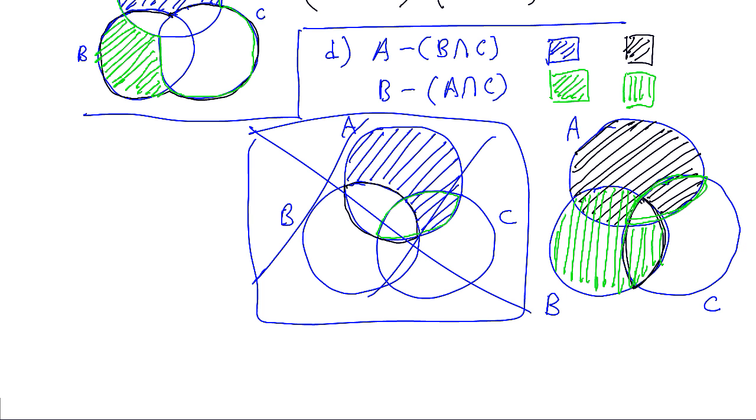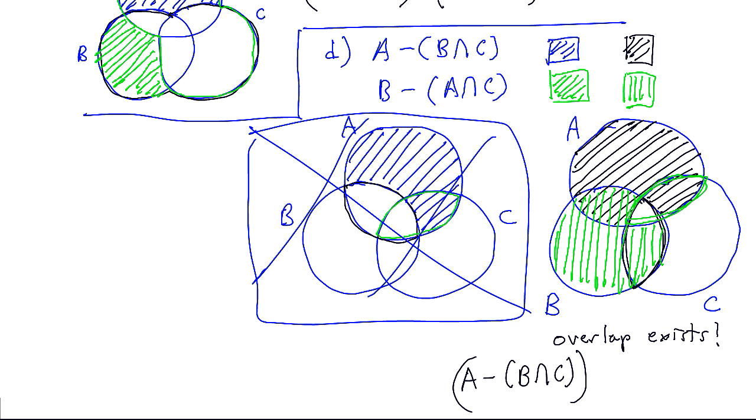And now you can see that in fact there is an overlap. The overlap exists, and (A minus (B intersect C)) intersected with (B minus (A intersect C)) is not equal to the empty set.